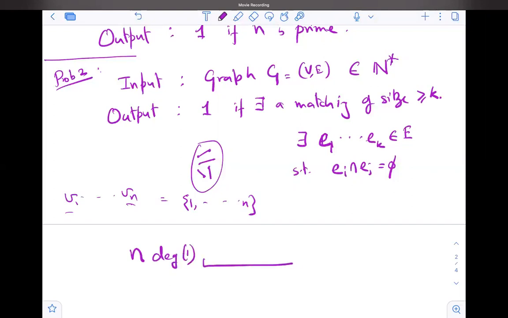Then I'll write d1 number of numbers that are the neighbors of the first vertex. Then I'll write d2 and so on, right? So you can encode the graph like this. And there are many ways of encoding it, so there's nothing particularly non-trivial here. The encoding part is not the fun part of it.